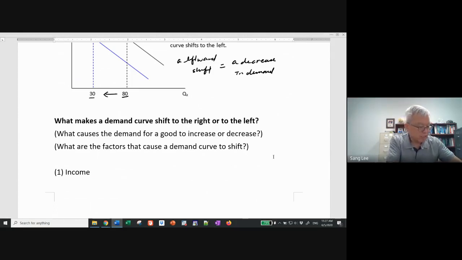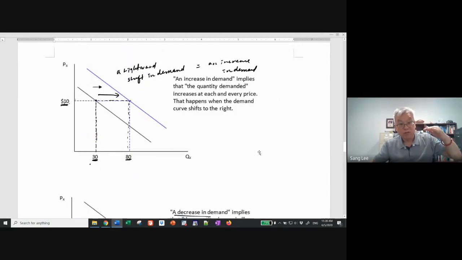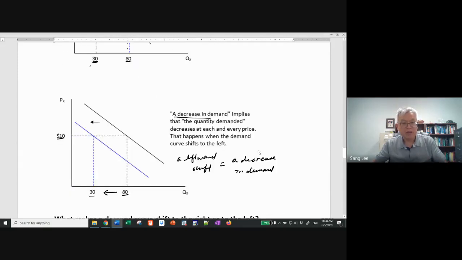So again, always keep this in mind. When the demand curve is shifting to the right or to the left, that means even at the same price, people all of a sudden, for whatever reason, buy more or less of a good. When they buy more, there is a rightward shift, and we call that an increase in demand. When even at the same price they buy less than before, we say this is a decrease in demand and a leftward shift.